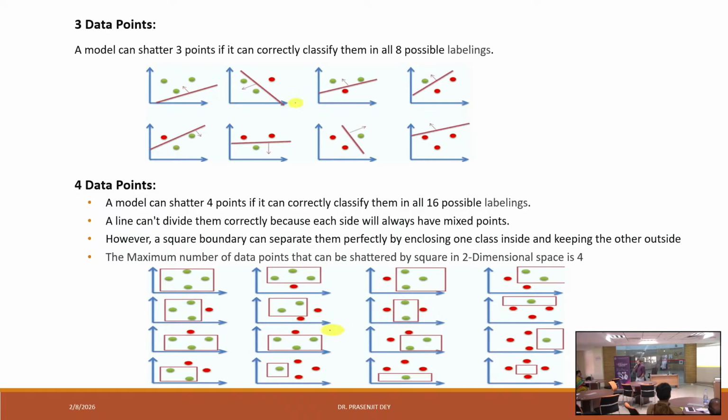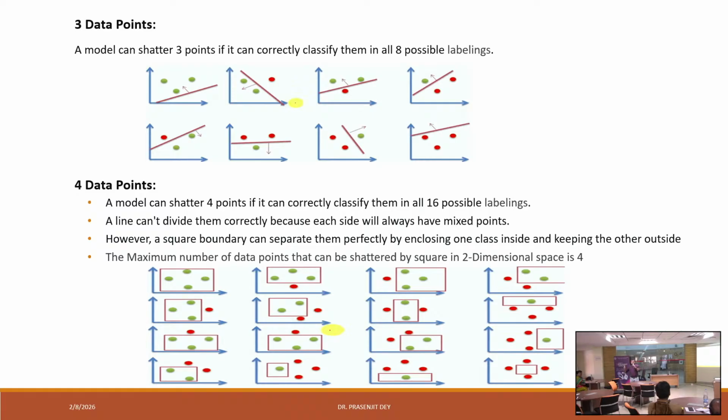So for a classifier having a linear decision boundary, like in this case a straight line, the VC dimension is 3. But if the number of samples is 4, in that case a line cannot separate them. So I would like to restate my statement.